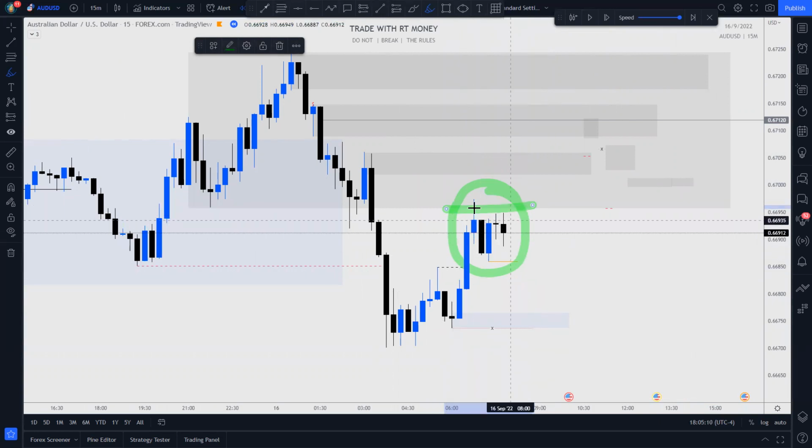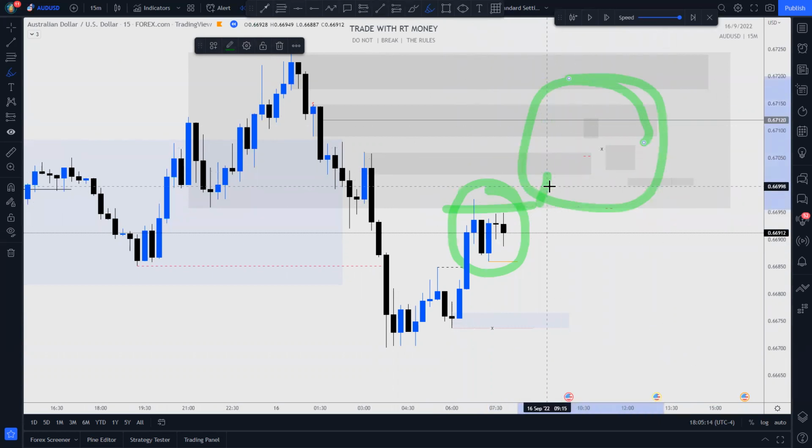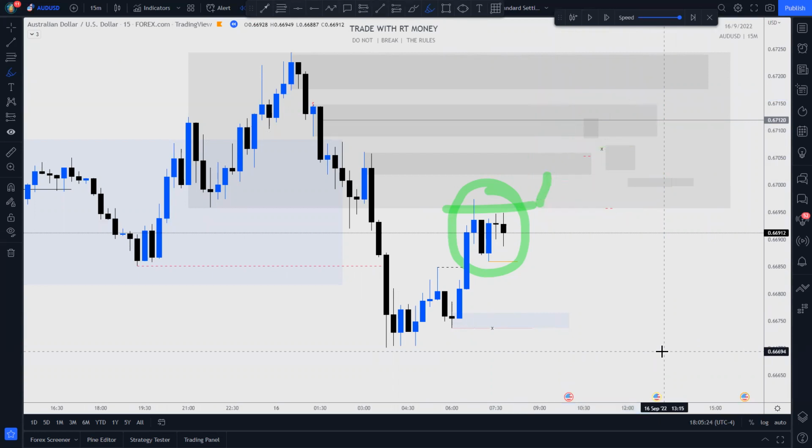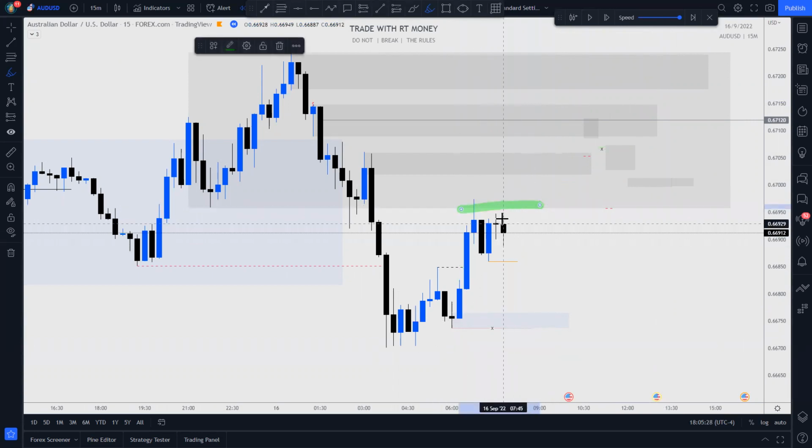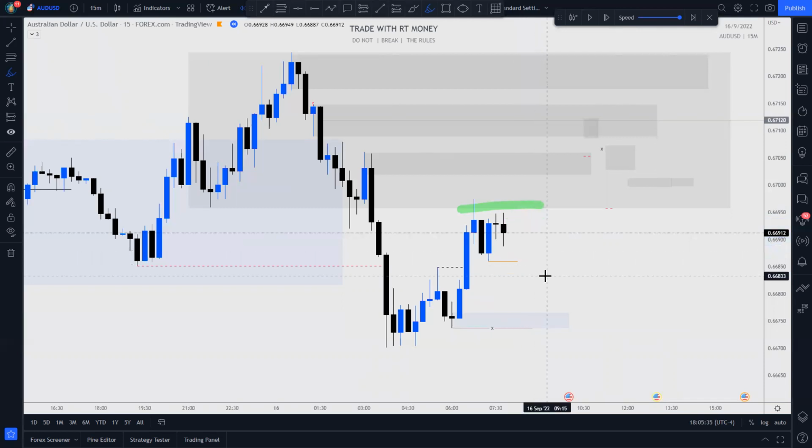If your rules say wait until it's above 50 in premium, and it's at 618 golden ratio or 705 or 786, those are better, higher probability trades. If you start taking shorts from the 50% or lower, you have a lower probability of having a successful trade. Okay, that's the rules.